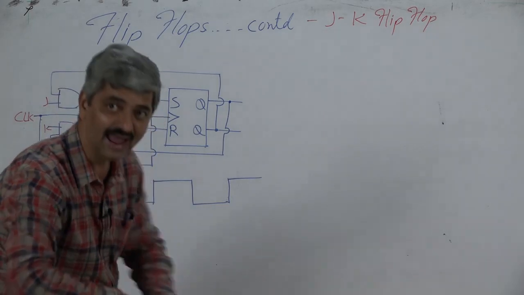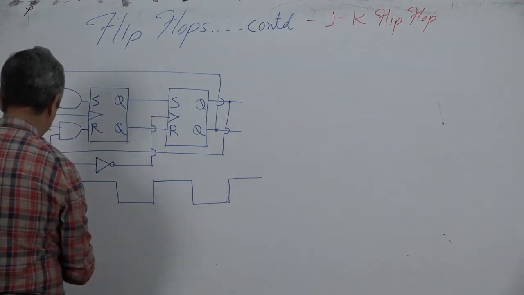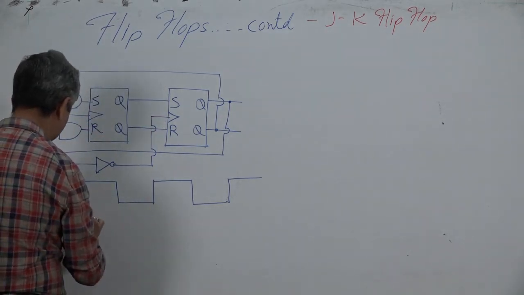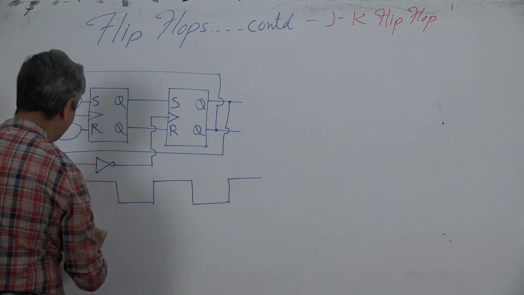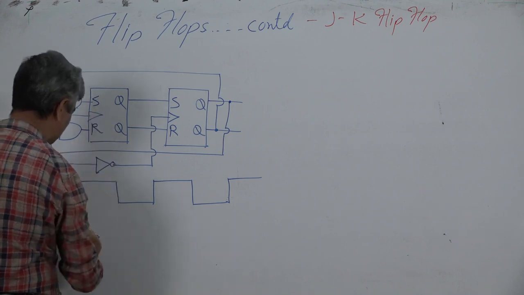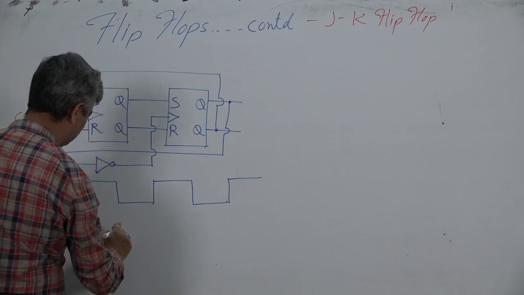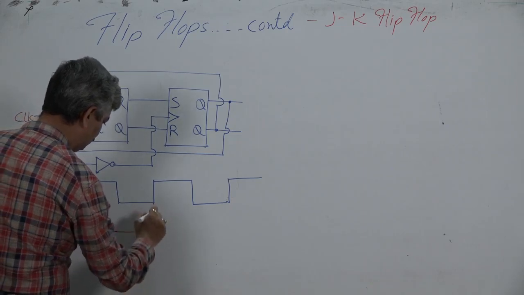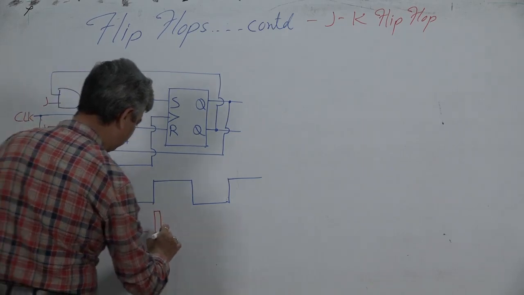So the active time in which the first flip-flop will check its inputs is the 10 nanosecond period from the rising edge.